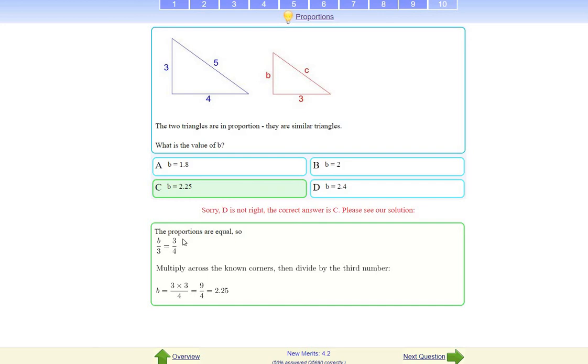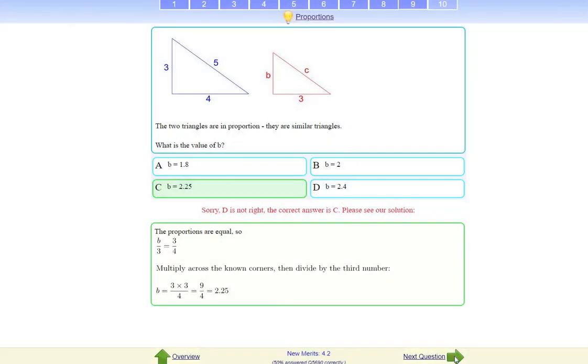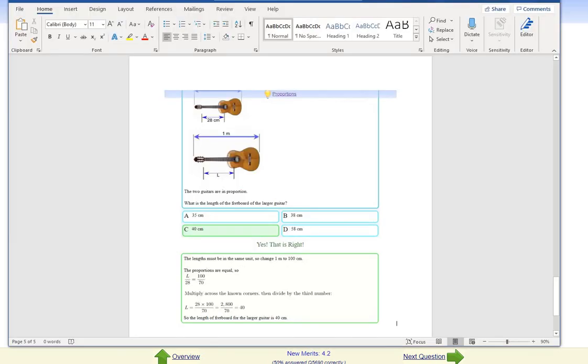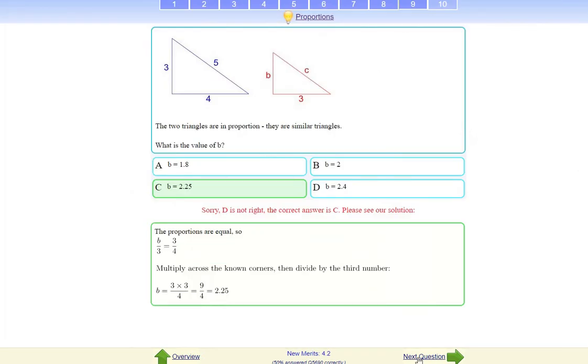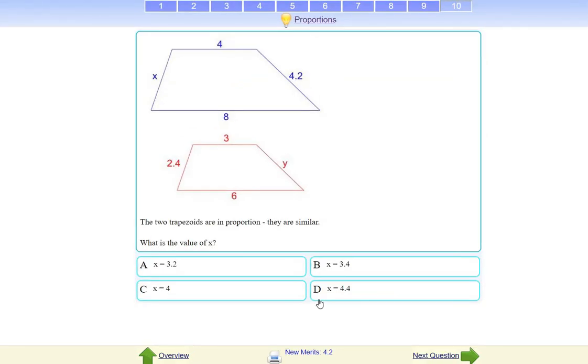So you cross multiply, 3 times 3 over 4. 9 divided by 4 is 2.25. Right? Did you get it, Myra? Yeah. Great. Last question, number 10.